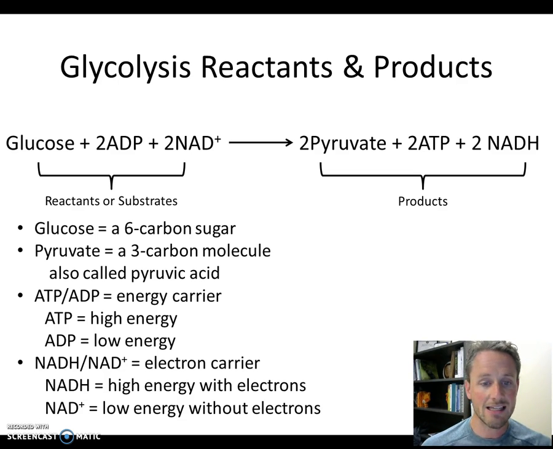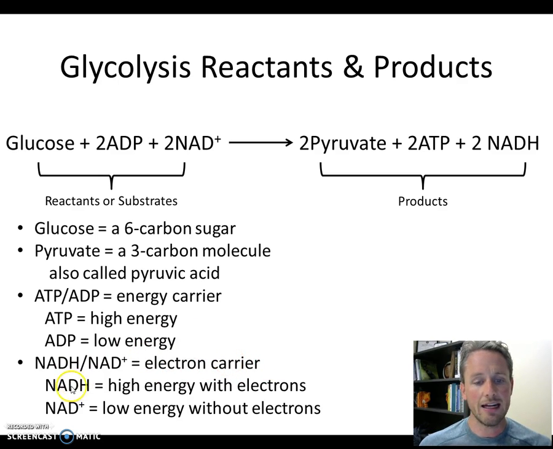All right, then we've got the ATP and ADP molecules. Again, these are just energy carrier molecules. In the past, I've referred to ATP, ADP like a rechargeable battery, where ATP is the high energy form, the charged up battery, and ADP is the low energy form, the dead battery. All right, the last molecule in this reaction is NADH/NAD. This is an electron carrier.